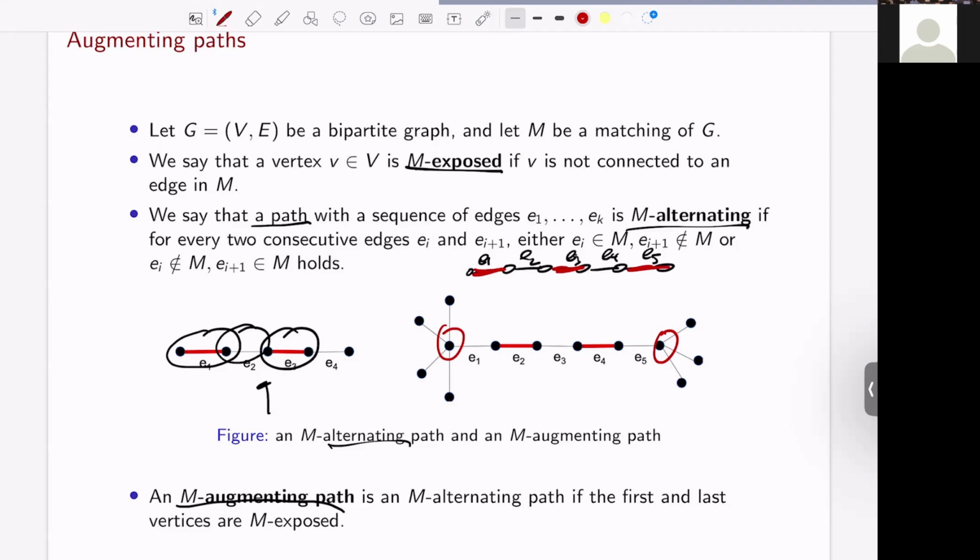By the definition of an augmenting path, it has to end with non-matching edges and has an alternating structure, so it has to be of odd length. There has to be an odd number of edges on this augmenting path. So if you switch the roles, we get one more edge in the matching. So if you find an augmenting path, you can always increase the matching size by 1. That is the idea.